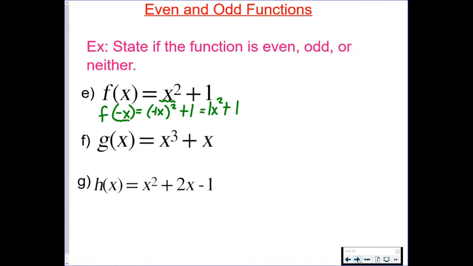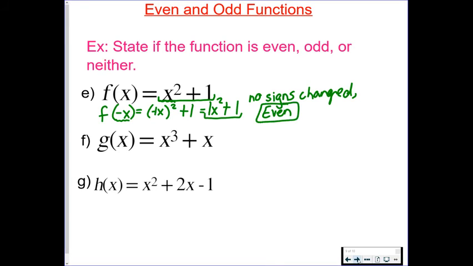That one did not have an x, so I'm not going to put anything in its place. What do you notice about this function and the original one? Right, they're the exact same. No signs changed. So because no signs changed, this function must be even.